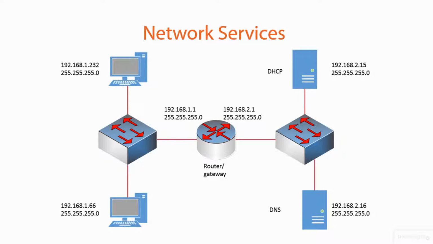Of course, .232 will see, oh, 66 is on my network, so I'll directly communicate with it. If 232 needs to communicate with .15, again, we're going to use the subnet mask to compare network IDs, and 232 will resolve, well, .2 is not on my network. I'm going to send those packets to my default gateway and let the router figure out how to get there.